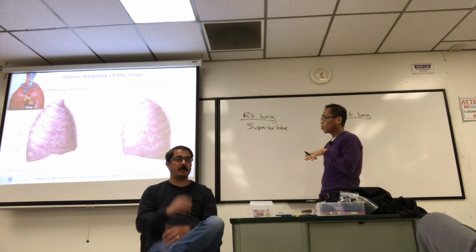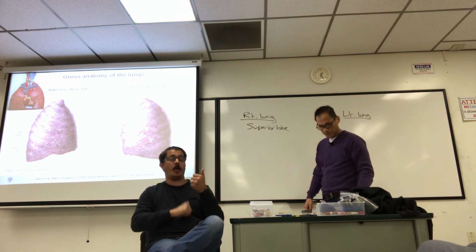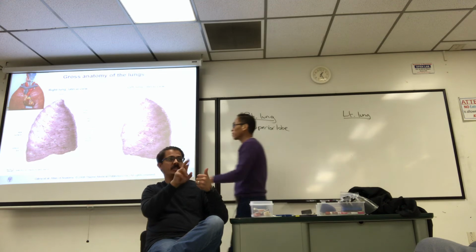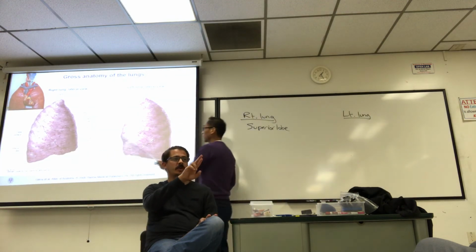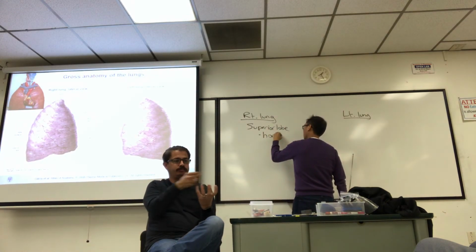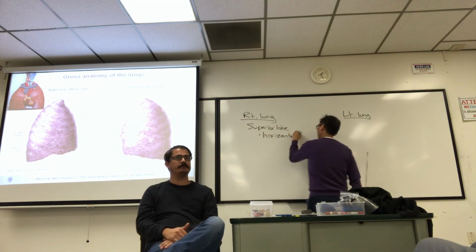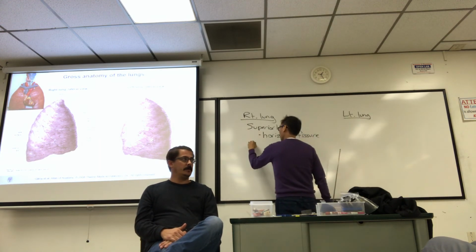and the superior lobe is separated from the lobe below it by the horizontal fissure. This fissure right there. Horizontal fissure runs more or less horizontally. Then you've got the middle lobe.